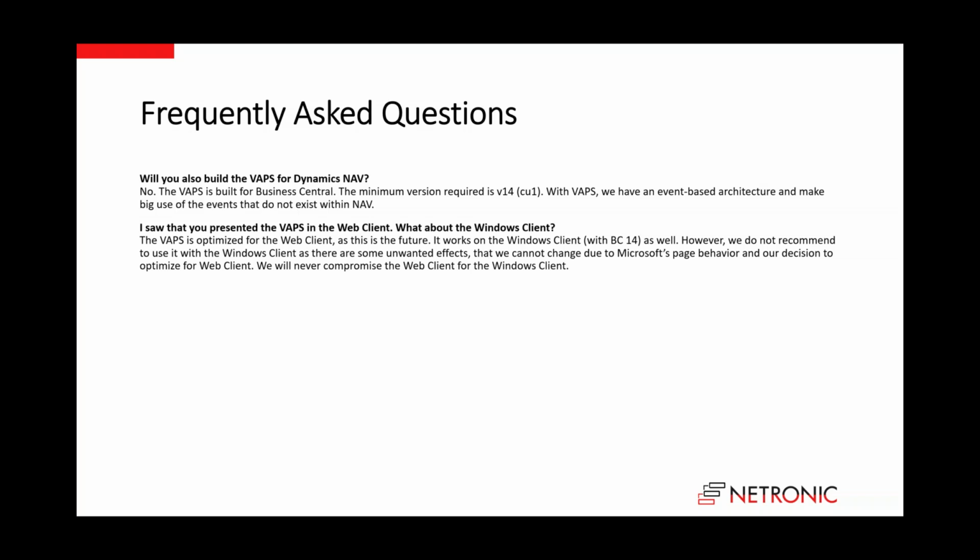And we made the decision to optimize for the web client. That means we will never compromise the web client for the Windows client. If you want to work with it in the Windows client, fine. If something unwanted happens, well, we won't change this, because if we wanted to change this, we would need to compromise the web client, and this is something we will never do.